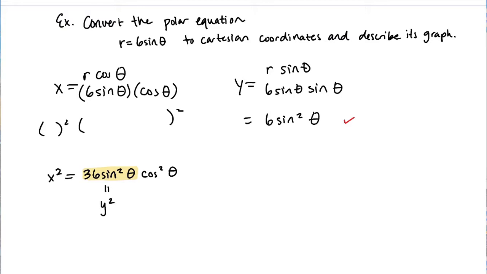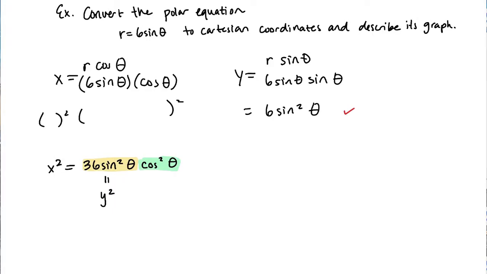Okay, so I've got that portion in terms of y, but then highlighting this other part, cosine squared, I don't have that in terms of y. I want to get rid of all of my thetas, and I only want to have functions of y here. So maybe there's a way I can rewrite cosine squared in terms of sine squared.